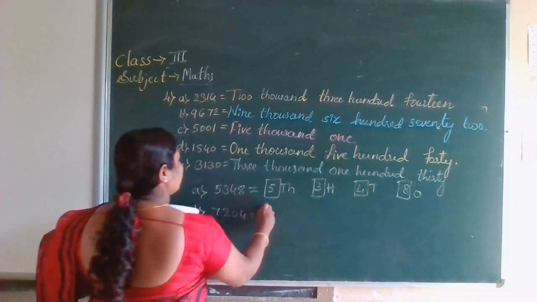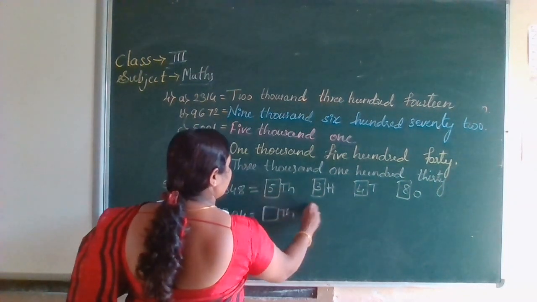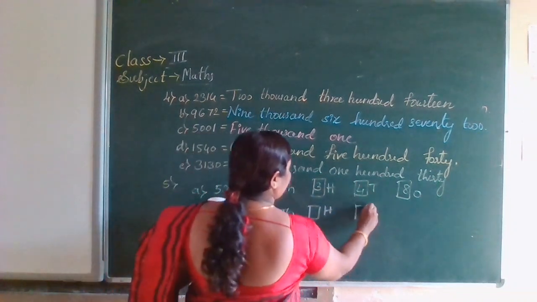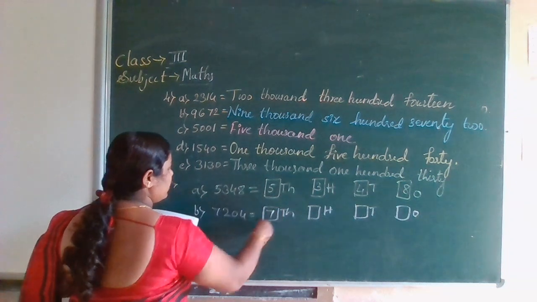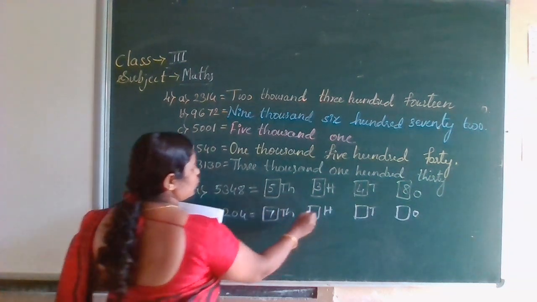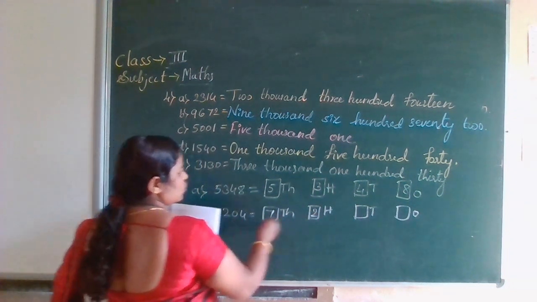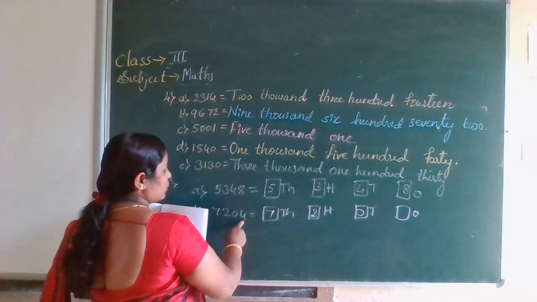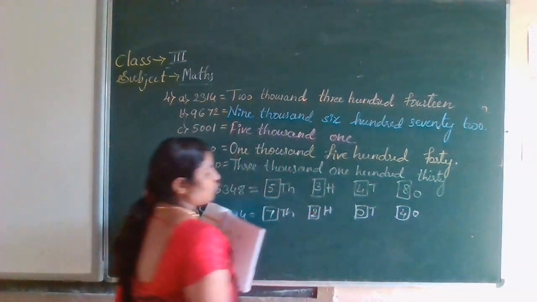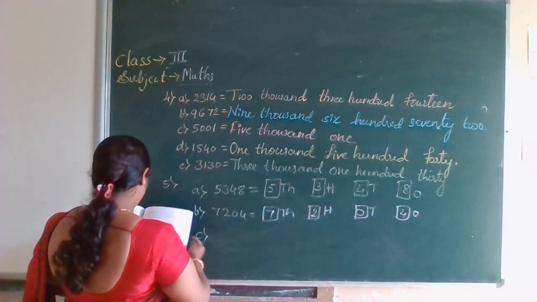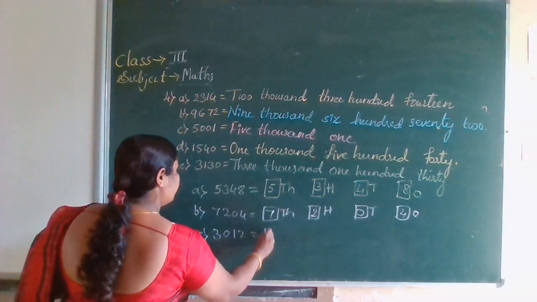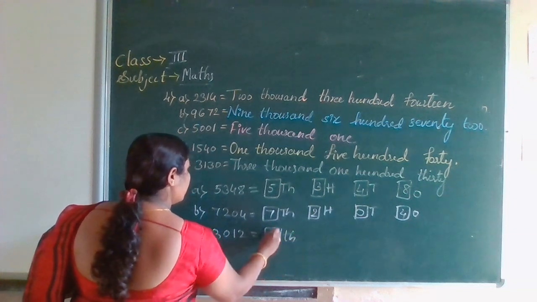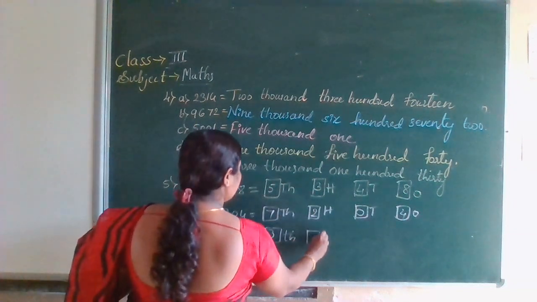7,204. So 7,200. So tens place is 0, then ones is 4. C: 3,012. 3,000.